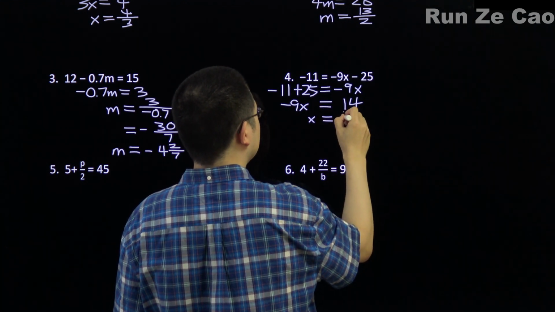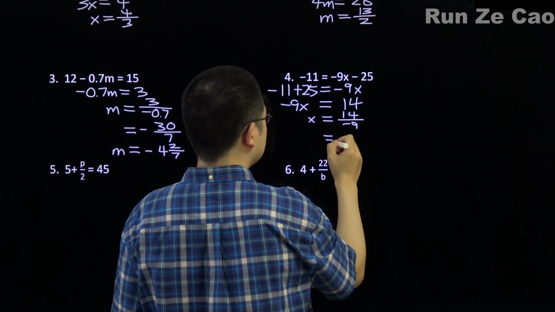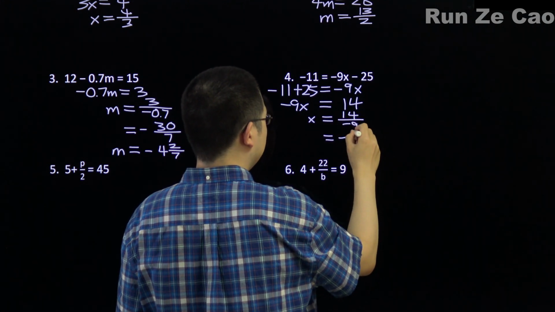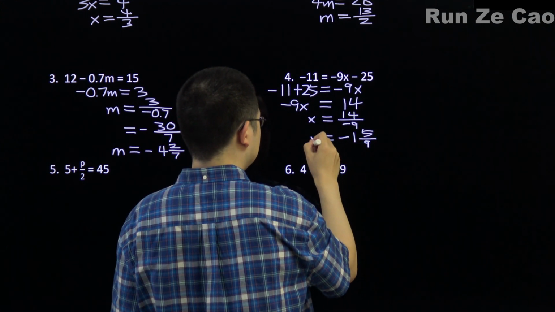X is equal to 14 over negative 9, which is equal to negative 1 and 5 over 9.